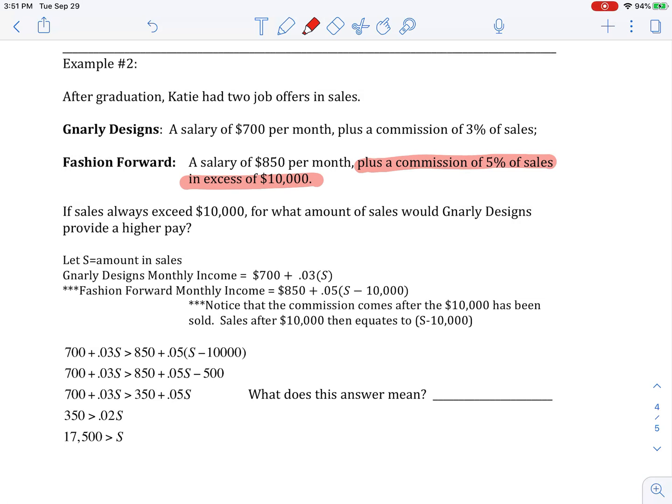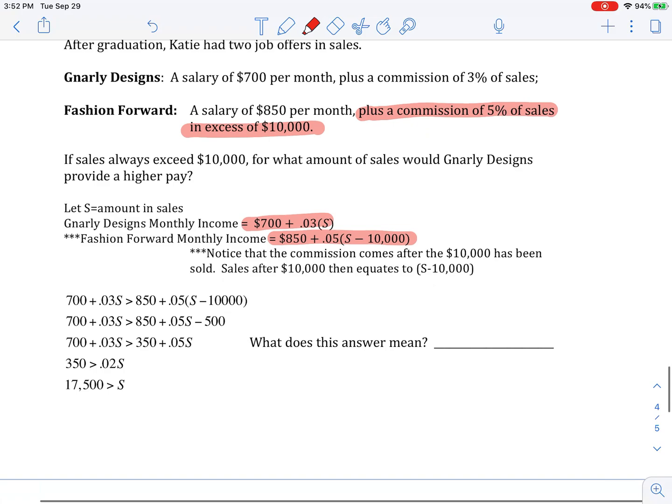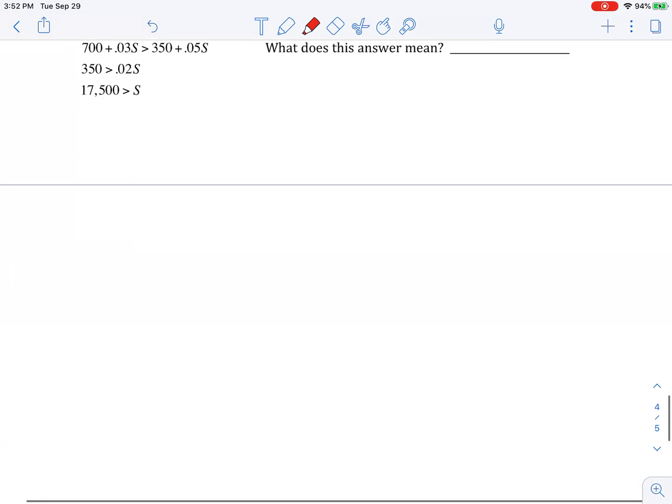Okay? So I want you to look at the equation we set up, which is, well, we set up 2 of them, right here and right here, how we algebraically represented 5% of sales in excess of $10,000. And then you'll see how we solved it.